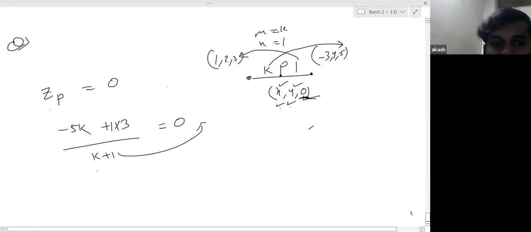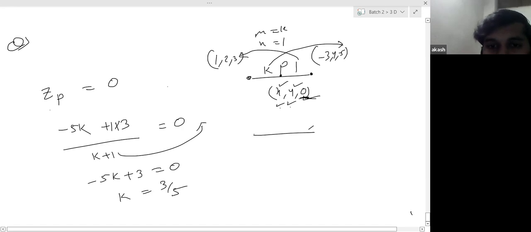Cross multiplying this, we have minus 5k plus 3 is equal to 0. That means k is equal to 3 upon 5. Now we have the ratio. This is 3, this is 5, this is 1, 2, 3. This is minus 3, 4, minus 5. Now you can find the x coordinate, y coordinate, and z coordinate.